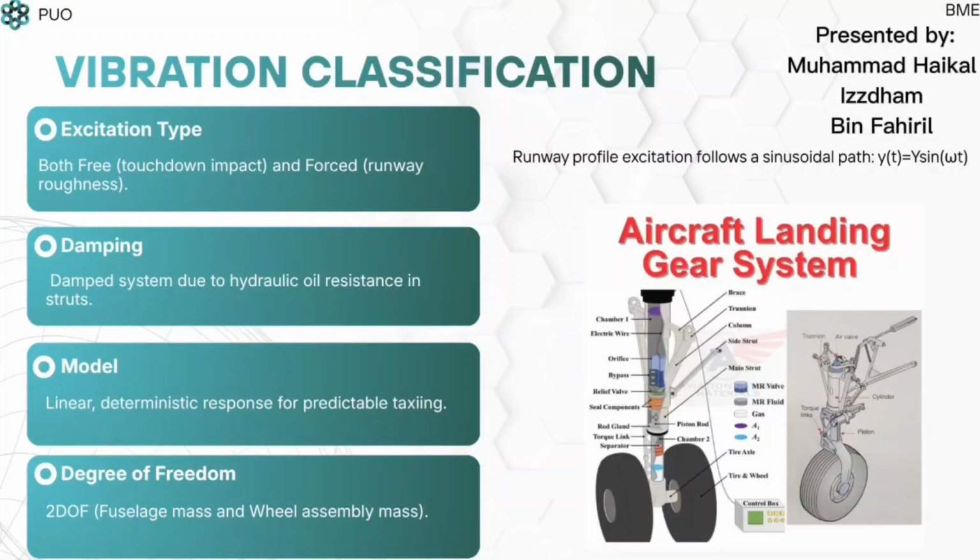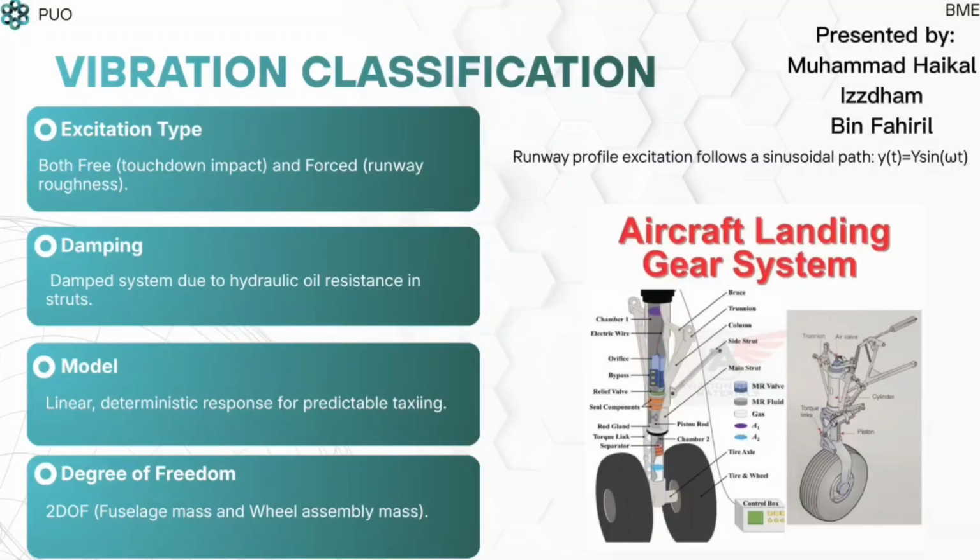Now let's move on to vibration classification, which lists the internal components of the landing gear system. We classify our system parameters into standard engineering categories. The excitation types consist of both free vibration from the touchdown impact and forced vibration from the bumpy runway surface.